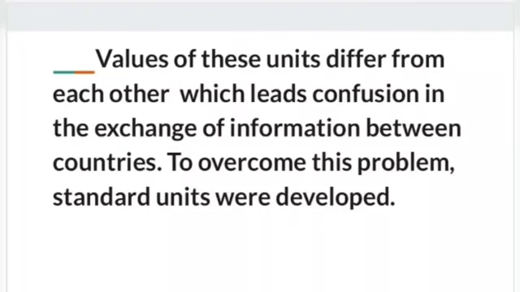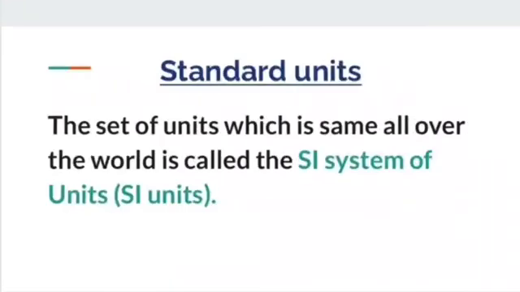So to overcome this problem, standard units were developed. Okay, to remove this confusion, standard units were developed, and these units were developed by a group of scientists from all over the world. Okay, and this was done in 1960.